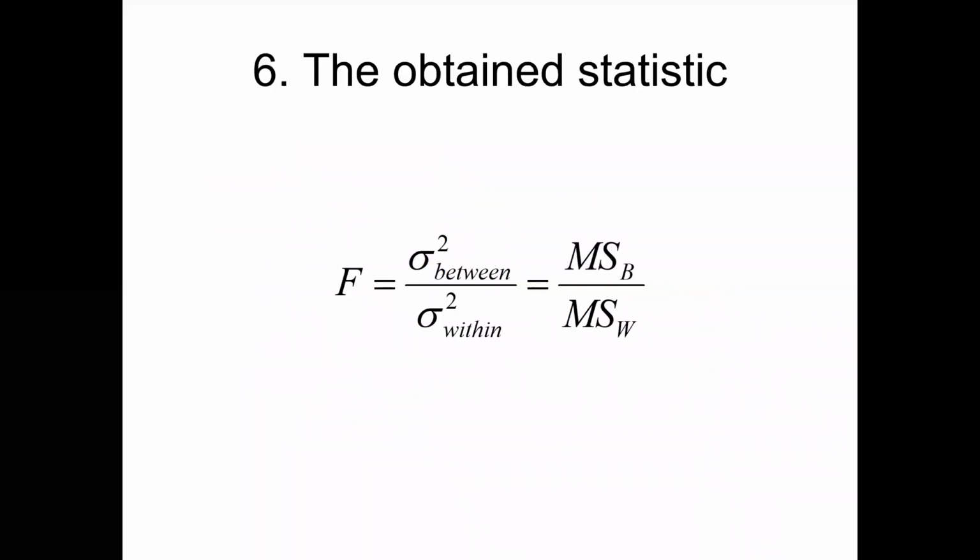Then you're going to get the statistic, and we're going to go through this in detail in class. But the F statistic is the variance between groups. If you have multiple groups, their means vary. They do not all have the same mean, and therefore there is variance among the means. That's called between group variance.